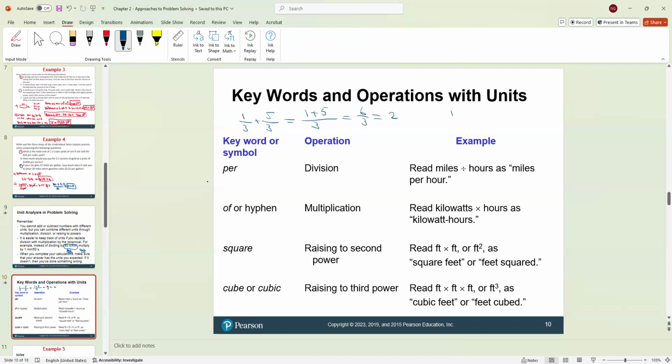But if we give you 1/3 plus 3/2, now they don't have the same denominator. Common denominator would be 6. Remember that. Whatever you do with the bottom, you do it with the top. So that would give you 2/6 plus 9/6 gives you 11/6.